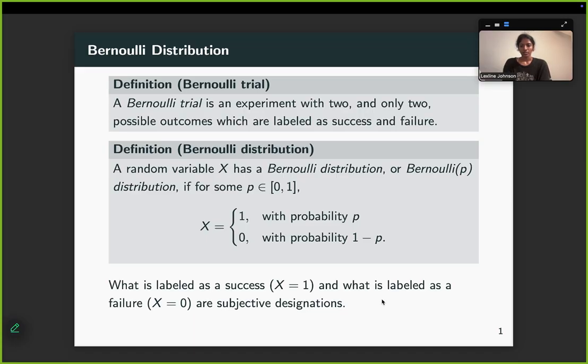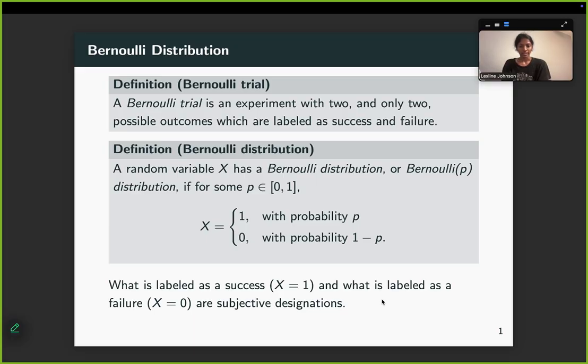So a random variable X has a Bernoulli distribution, which is denoted by Bernoulli(p), if for some p, which is our probability of success, p needs to be between 0 and 1.